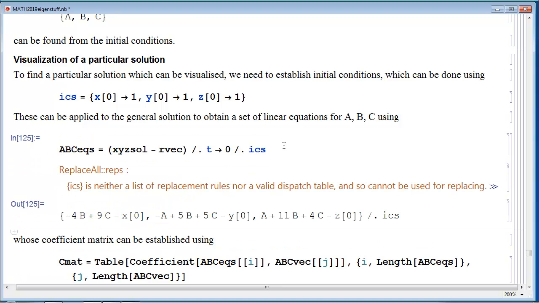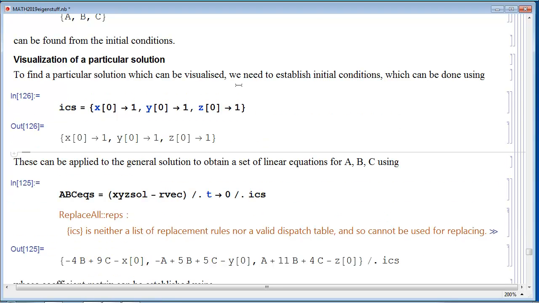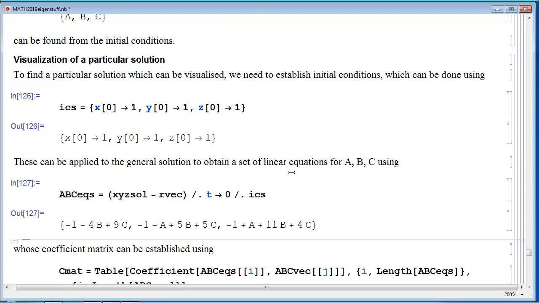We get that, and that's because we forgot to do this one. So we subtract off the x, y, and z and evaluate them at t equals 0 and apply the initial conditions, and we can see that we get 3 equations for the 3 unknowns.